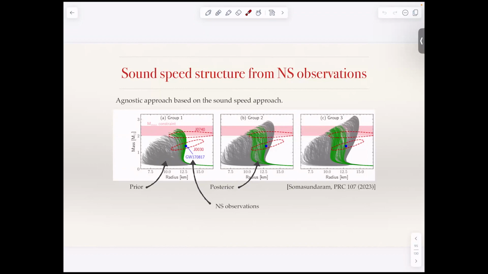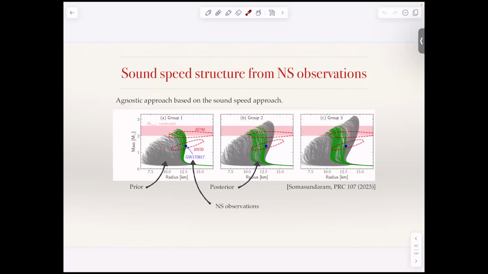But if it is out of this contour, like an equation of state like that, then you will assign 0 or null probability to this equation of state because it does not satisfy or does not reproduce your observation. But you can also cross-correlate.